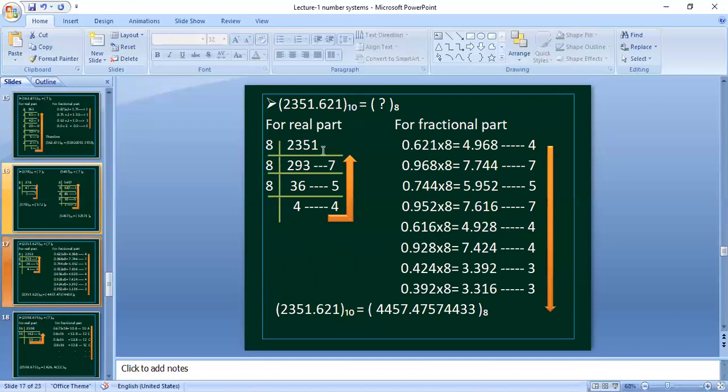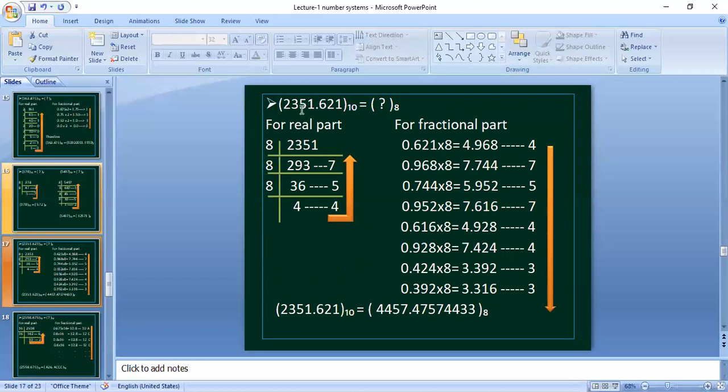And next, another example. This is the given decimal number. It has both integer part and fractional part. We need to convert this given decimal to the octal number system. Since the given decimal number has both integer part and fractional part, we need to convert the integer part separately and the fractional part separately.